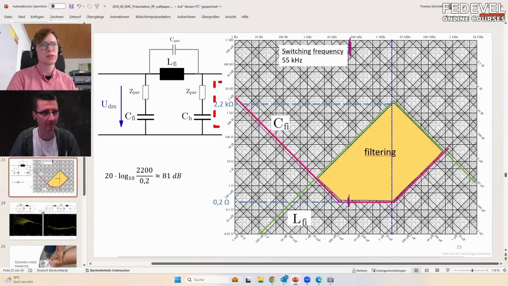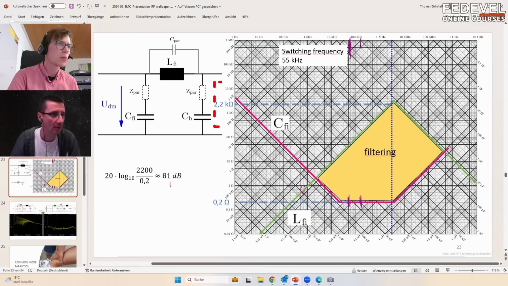but also the inductor can be much lower. I mean, we start our measurement here at 150K, which is here. And let's say we need only about 20 dB. And every decade you have is 20 dB. So here, for this you see 81.